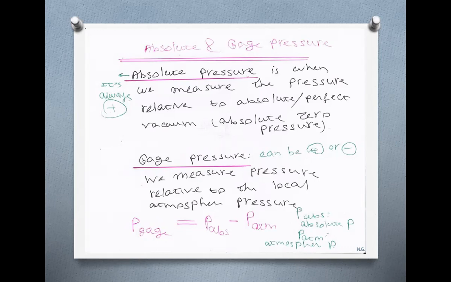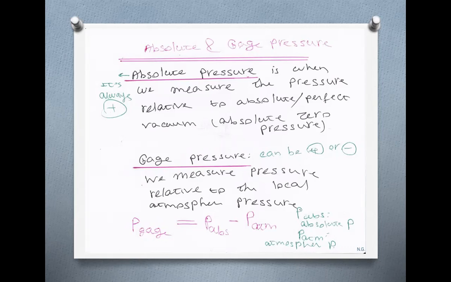The same with elevation. Remember, for example, the table you are sitting at has some elevation, but you can set it equal to zero and use it as a reference and measure the elevation of everything relative to that table. So we set the pressure of the atmosphere equal to zero because we want to use it as our reference. And then we measure the pressure of everything relative to the pressure of the atmosphere.